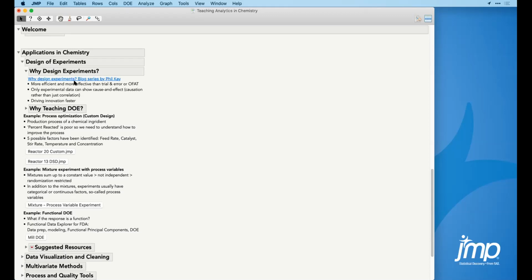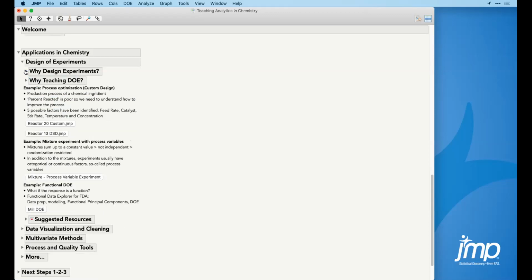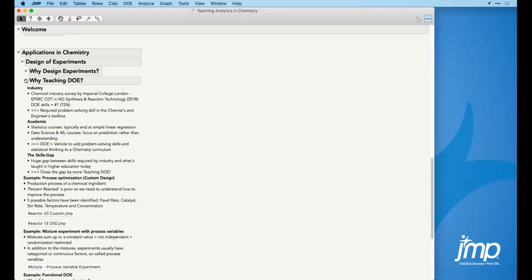Because this is a much better, meaning more efficient, more effective approach than just guessing, trial and error, or one factor at a time, which we still see in industry, but also taught in several courses. DOE is the only way to learn about cause and effect, and not only about correlation, and to try out something new, driving innovation. For that, also DOE, designing experiments, is the most efficient approach.